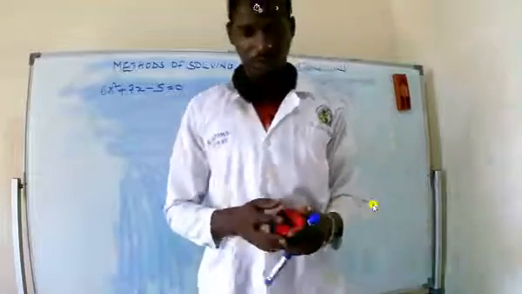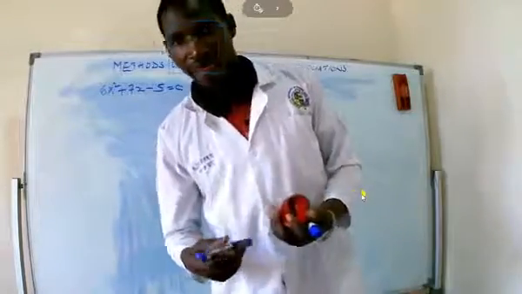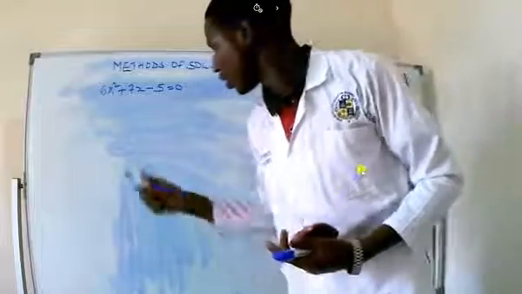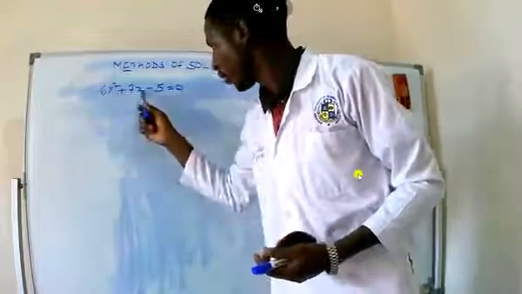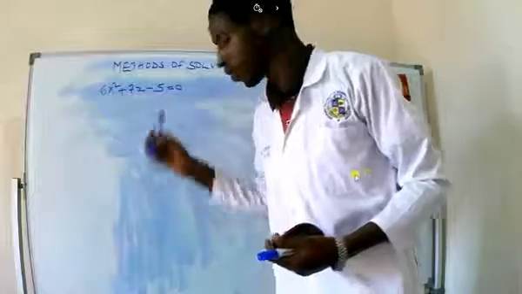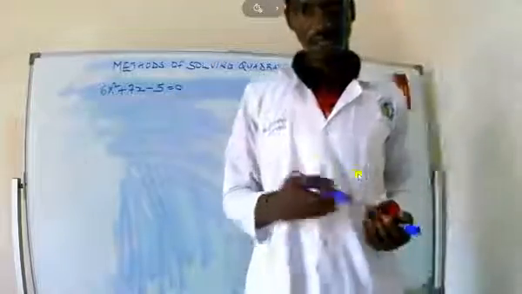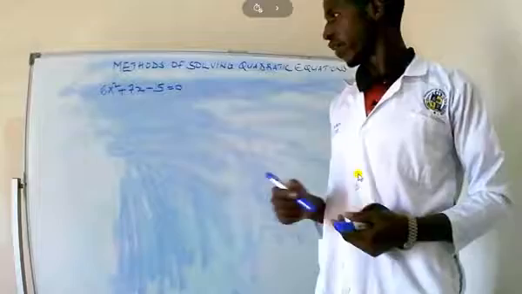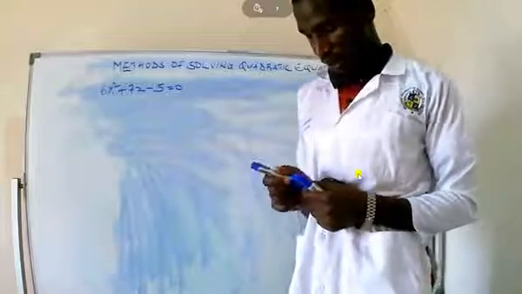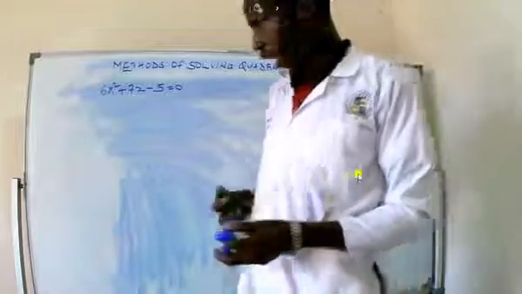You will excuse me for that. The equation is, let's check that number, 6x squared plus 7x minus 5 equals 0, not x squared. So if that's the case, how do you go about it?